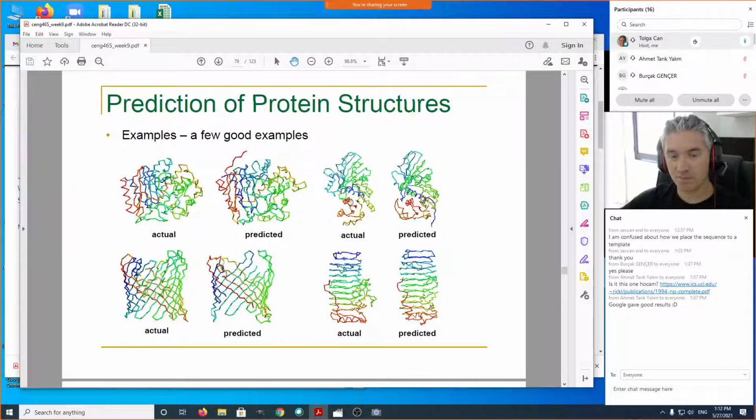In order to evaluate whether the predicted structure is close to the actual one, we will now do structural alignment of these two things. In 3D space, we are free to move and rotate the predicted structure.